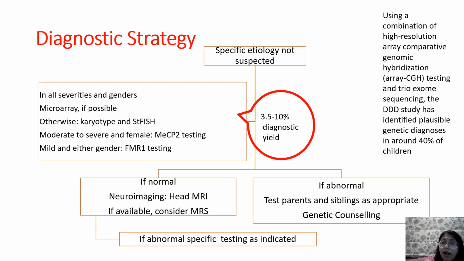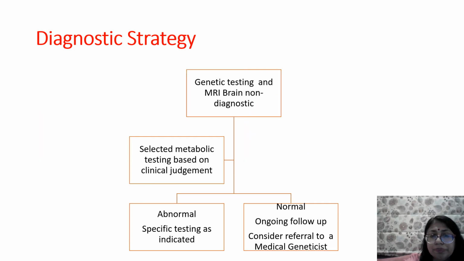But when we add a trio exome sequencing, 40% additional diagnosis could be made. So to summarize, genetic testing and MRI brain, and if that is also non-diagnostic, then in selected cases we do metabolic testing based on clinical judgment, and if that comes out to be abnormal, then we do the confirmation of the specific testing as indicated.